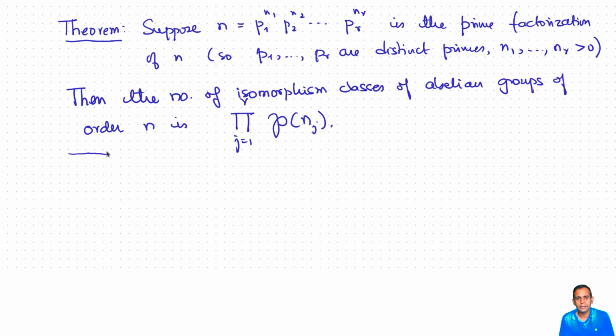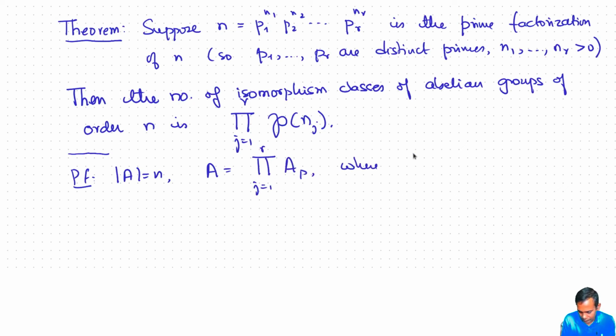And I guess the proof is clear by now. If A has order n, then A is equal to the product, j goes from 1 to r, of A_pj, where the order of A_pj is pj to the power nj.